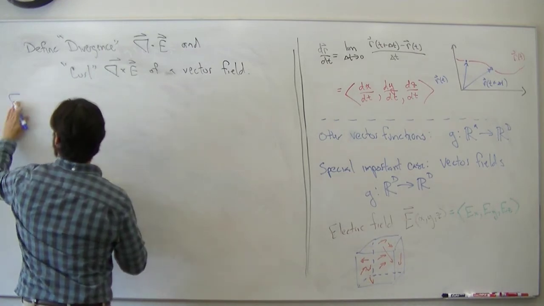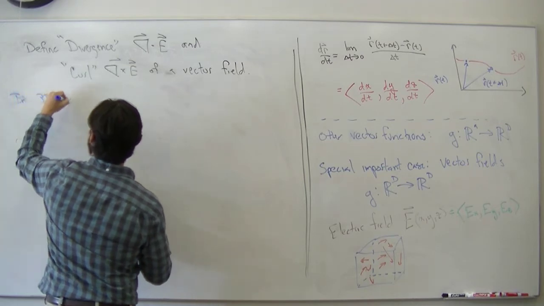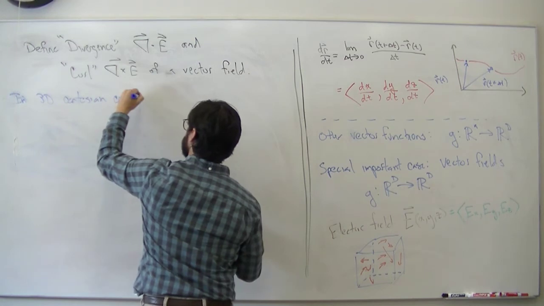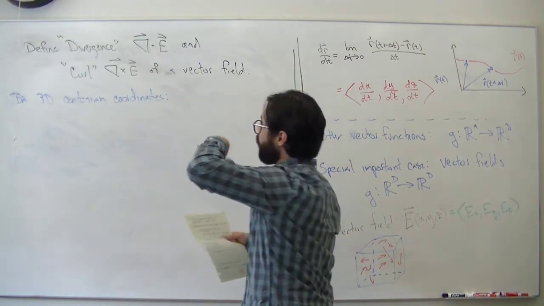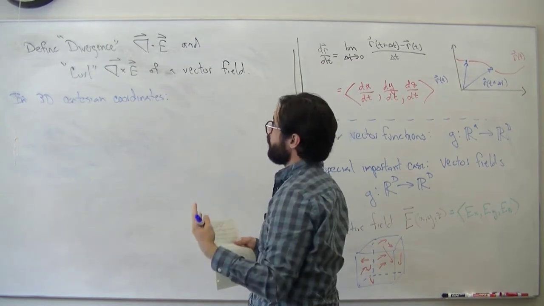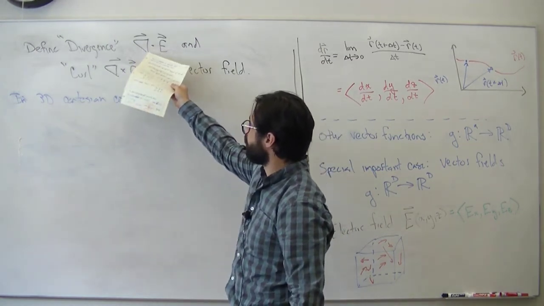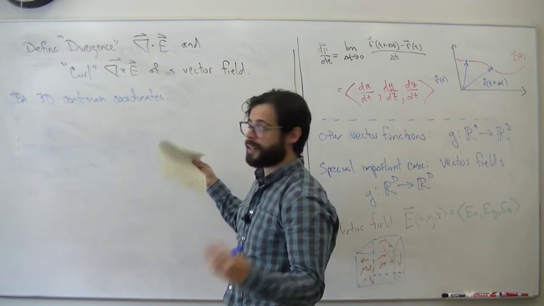So the nice thing about del is you know exactly what this is without me even really needing to define it. It is the scalar or dot product of the del vector or operator with whatever vector field you have.